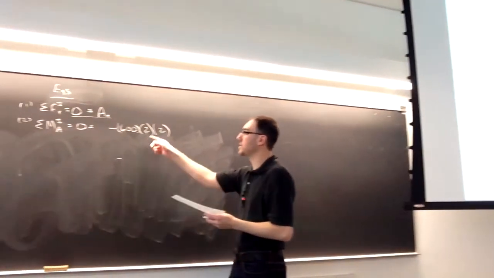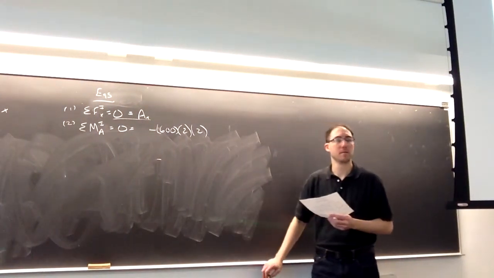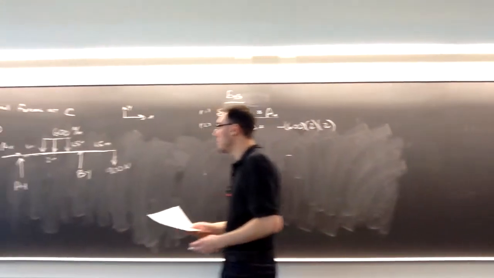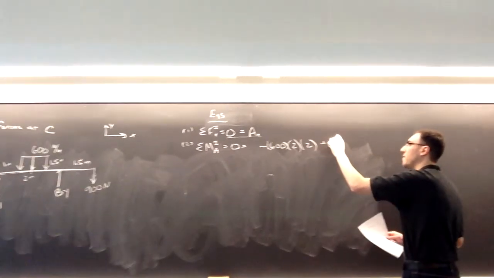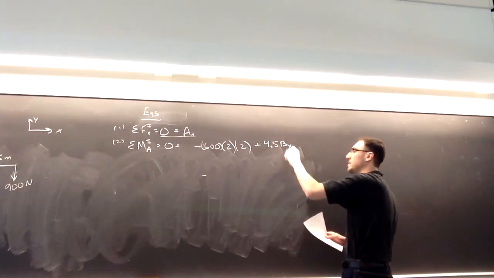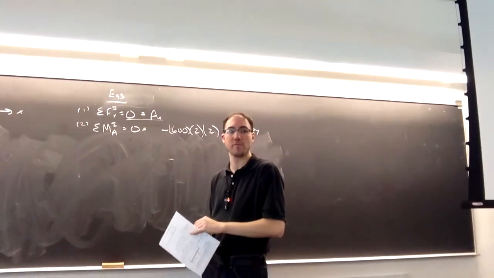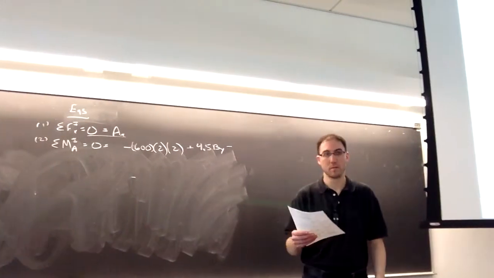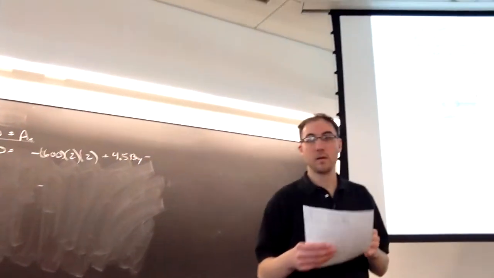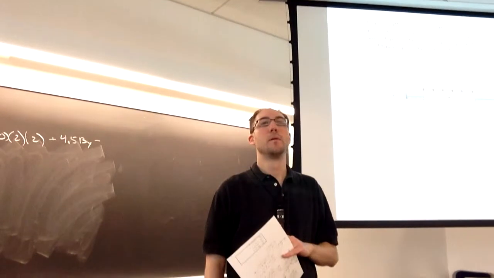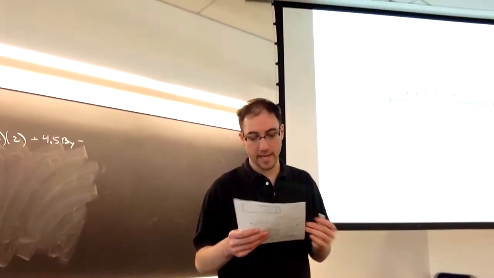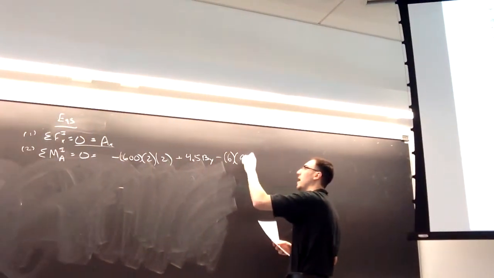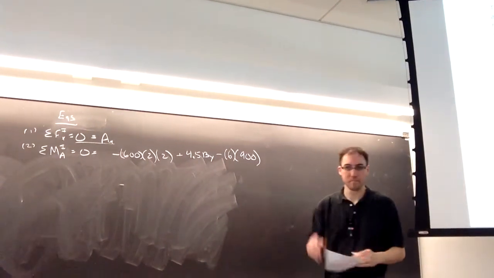What else acts around point A? BY, a distance of 4.5 times BY, since BY is going to be acting counterclockwise around A. And the applied load: 6 times 900, 5,400.